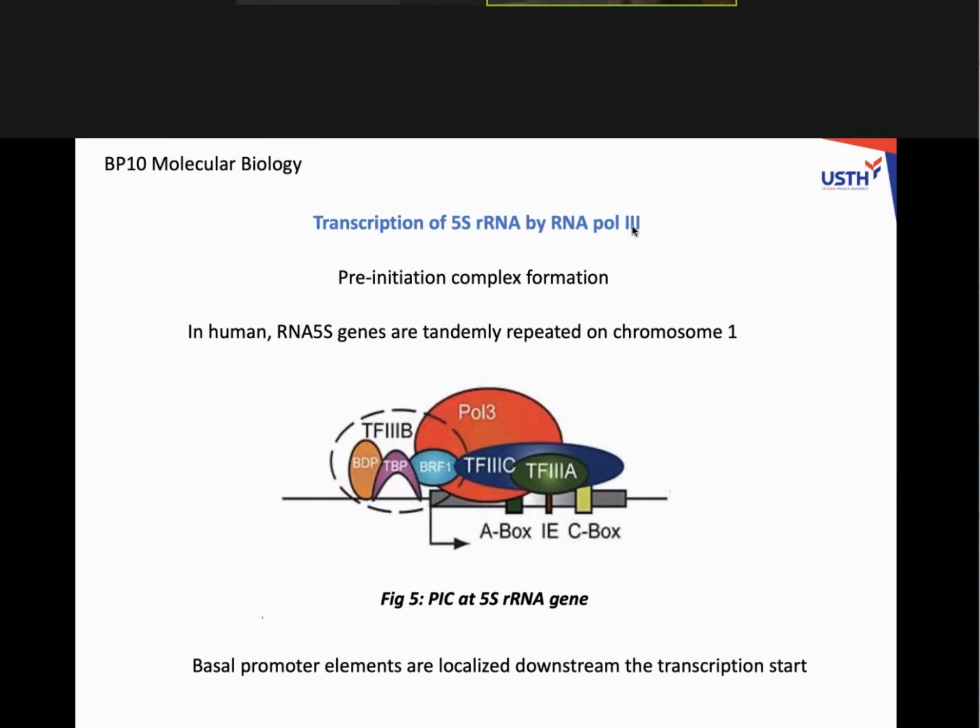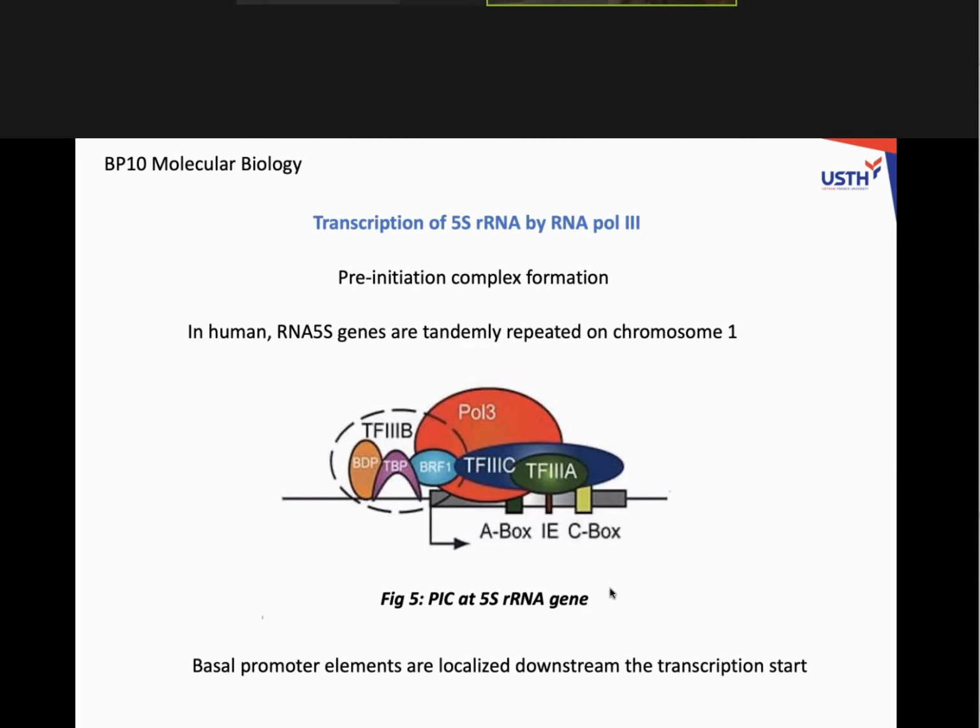So for POL3, it's completely different. It's very, very atypical, let's say. The pre-initiation complex is represented in this drawing. The example is the target genomic DNA, the RNA 5S genes, which are located in tandem, so a lot of copies of them in order to produce the 5S.